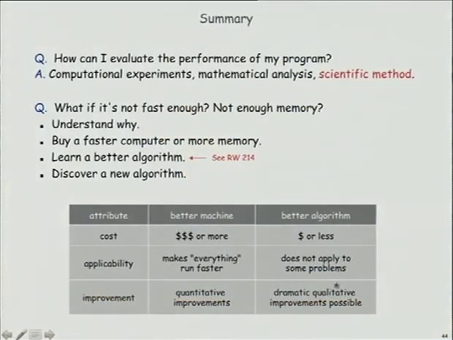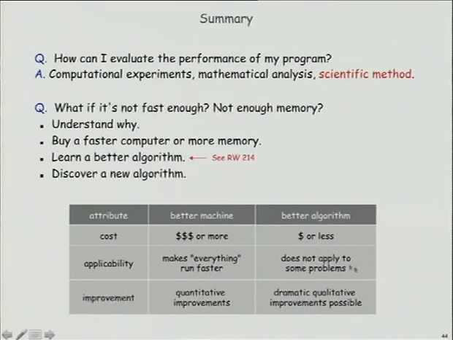Just there at the end I have a table with this trade-off of a better algorithm versus a better machine. Of course, cost-wise, buying a new machine is much more expensive than developing a new algorithm. Of course, if you have a new machine, all your algorithms could run faster.